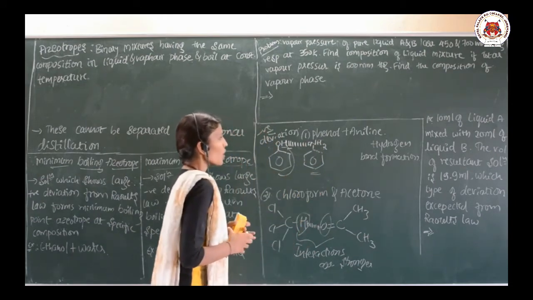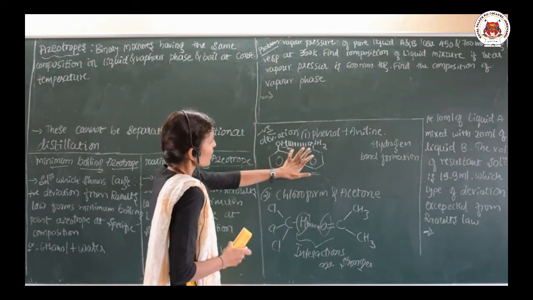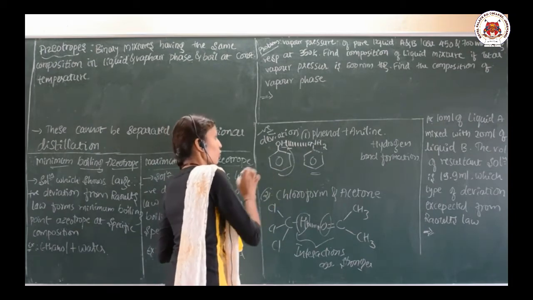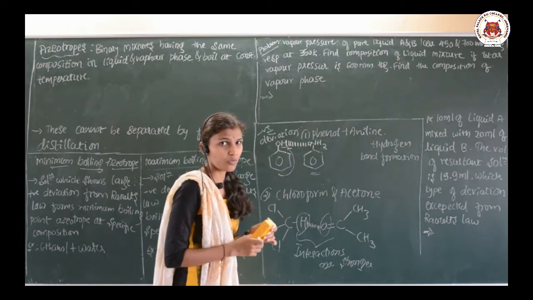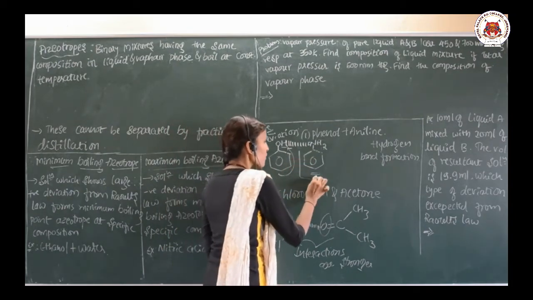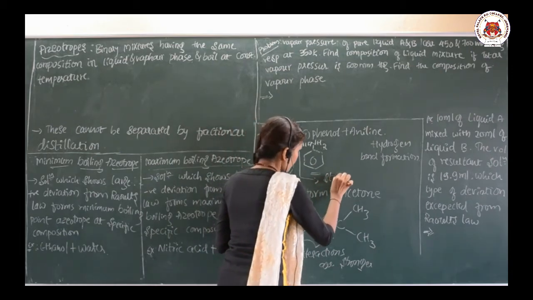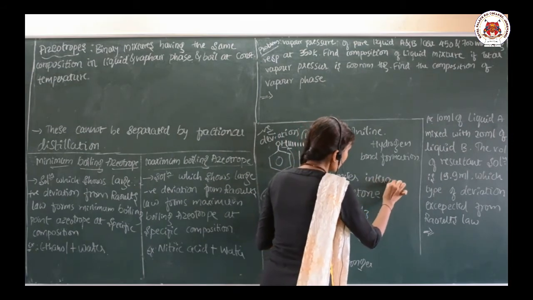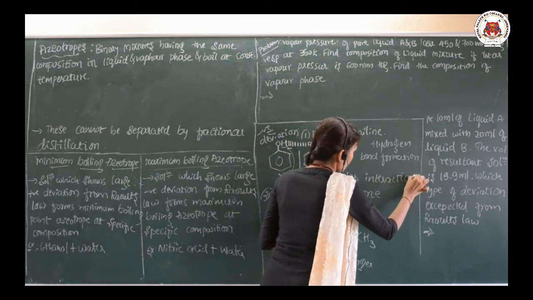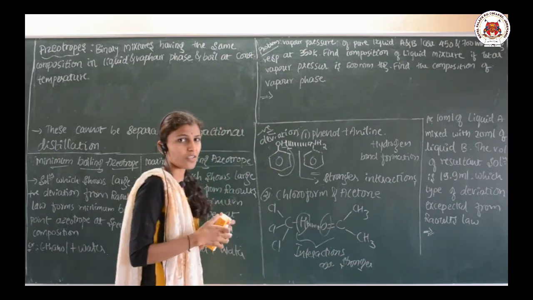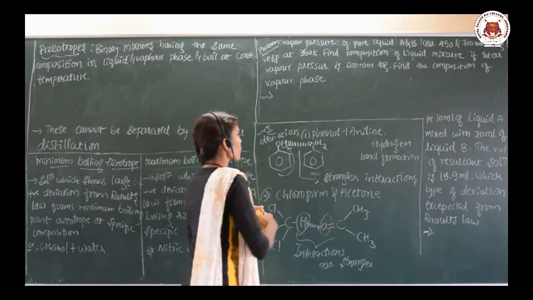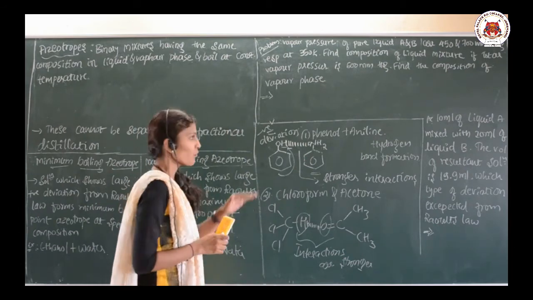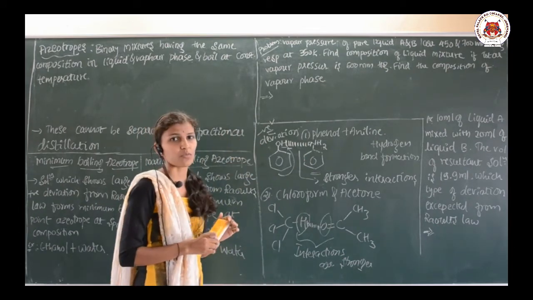When this hydrogen bond forms between the phenolic proton and the lone pair of the nitrogen of the aniline, these interactions are stronger interactions. As the interactions are very strong, there will be a negative deviation.